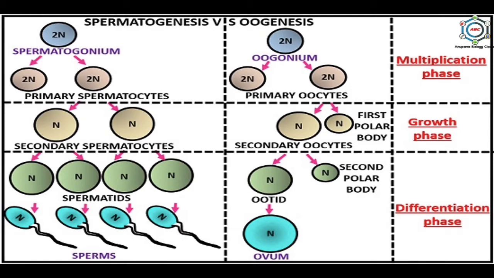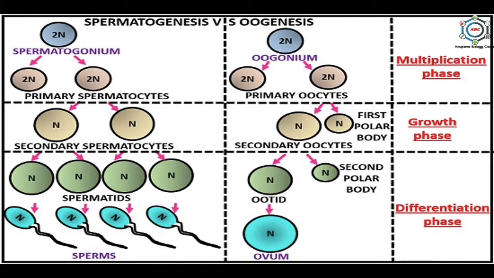Both the primary oocyte and primary spermatocyte are diploid in number. Second is the growth phase, in which the primary spermatocyte forms secondary spermatocytes, which are the same in size, and the primary oocyte forms the secondary oocyte, but here the condition is that one cell is larger in size and one is small.